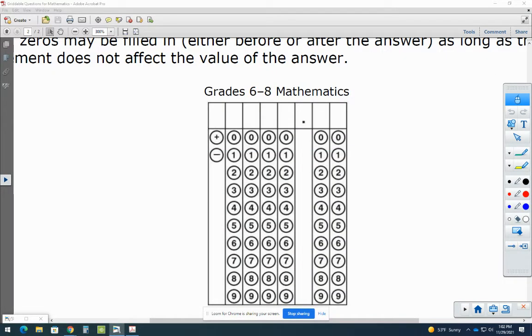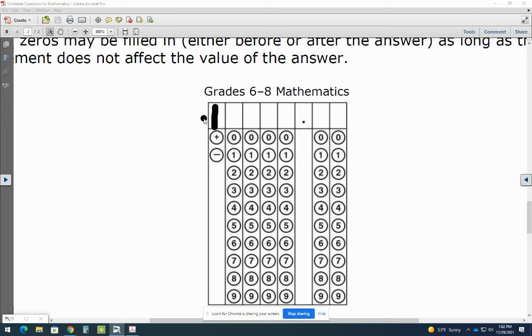It's a positive situation, and there's the point already for you right there. So it's going to be 12.00. And then, of course, we bubble.